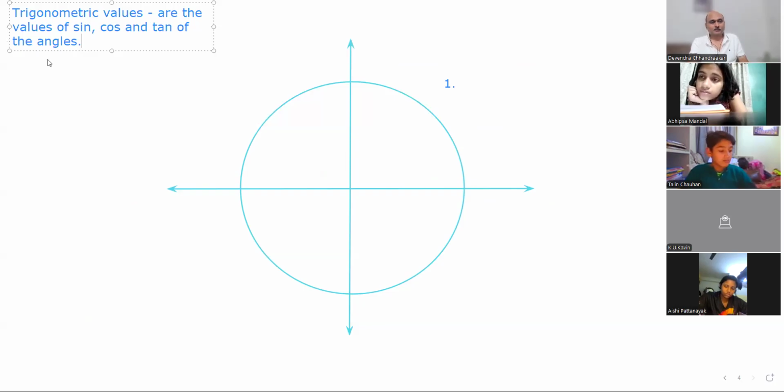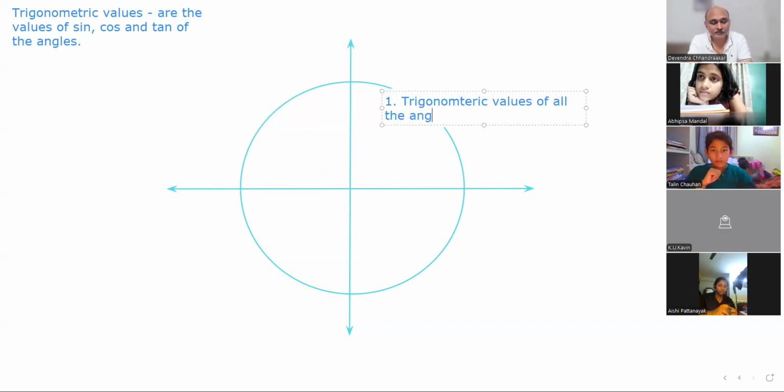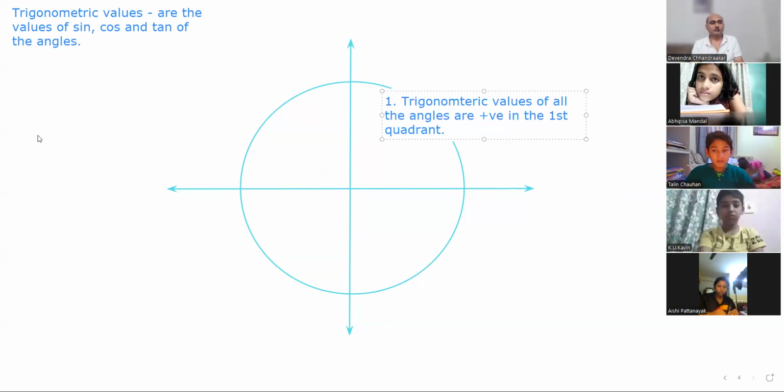So for the first quadrant, the property is like this: trigonometric values of all the angles are positive in the first quadrant. What does this mean?